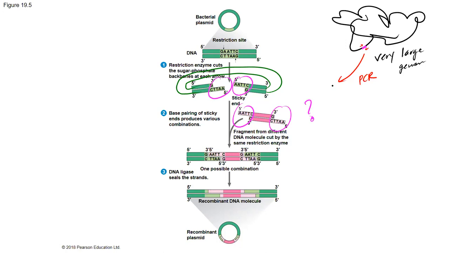And this PCR will produce millions of copies of the target sequence you want to clone, and then you can cut them with restriction enzyme.